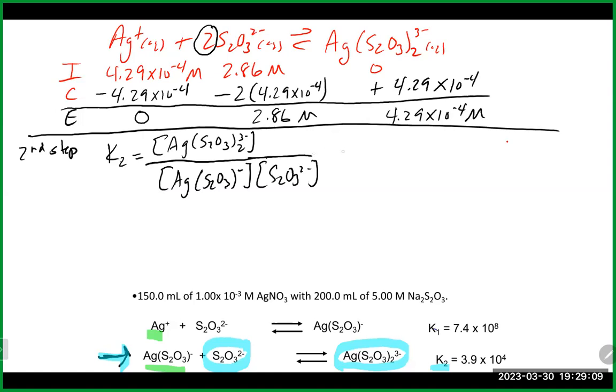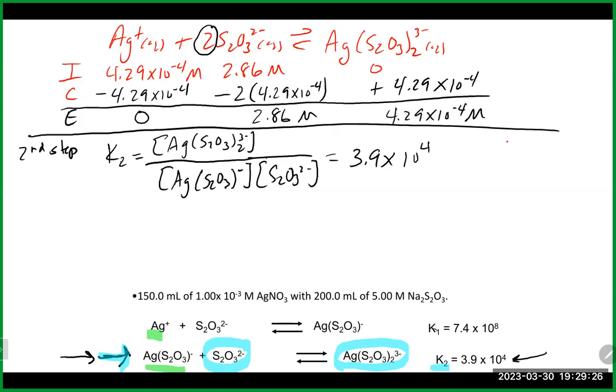So this equals 3.9 times 10 to the 4 in this case. And because I am only using the second step, I am making sure that I am using the K value that goes with the second step. So I don't want to use anybody else's K value.